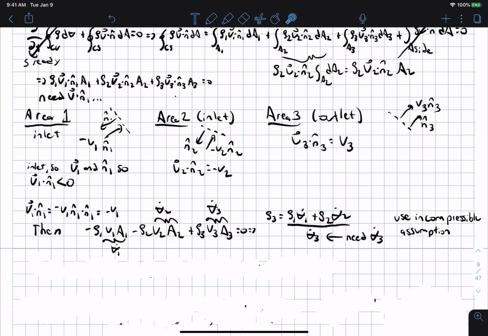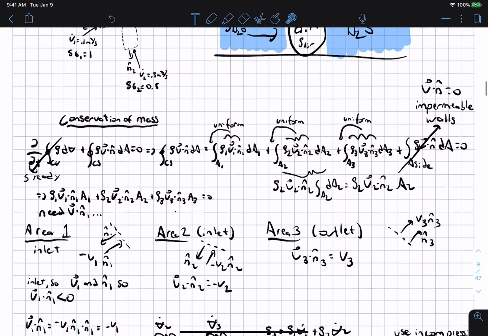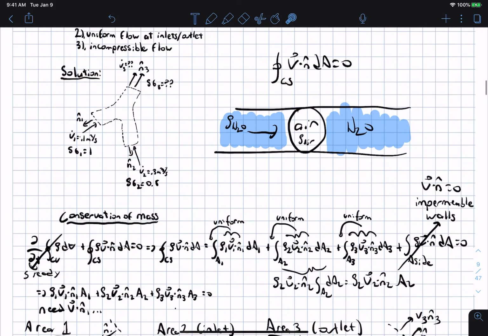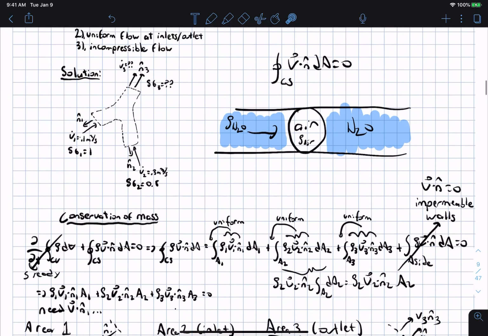Okay, and again, what incompressible flow means is that if I take a cubic meter of material and shove it in through this side over here, that means I'm going to displace a cubic meter of material outside through the outlet.